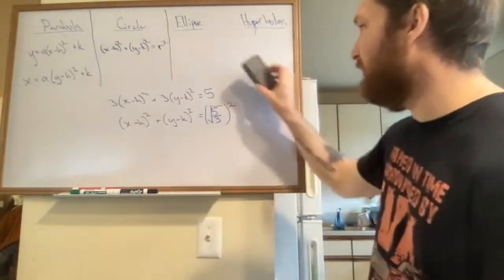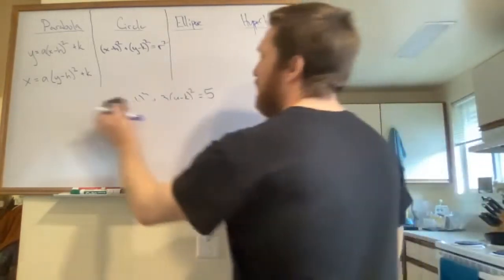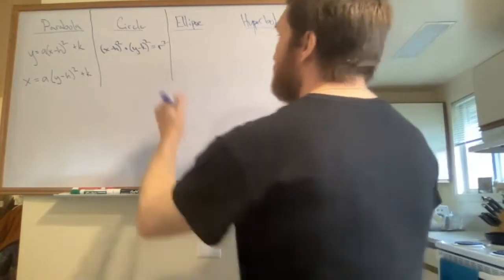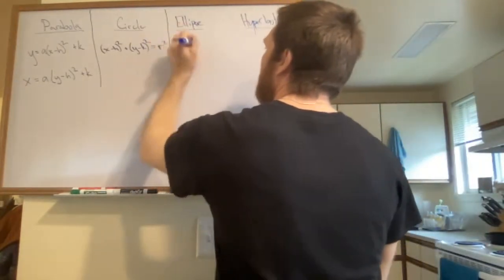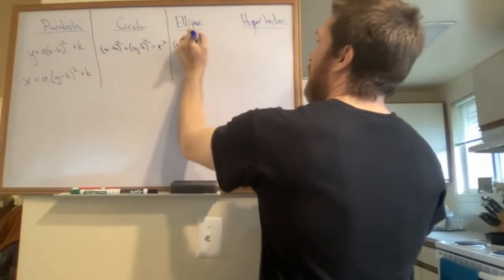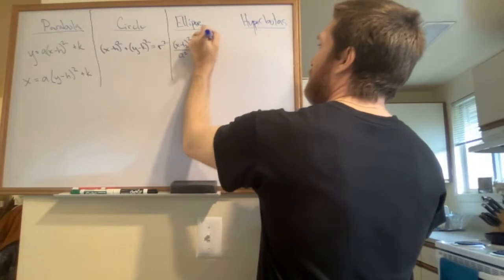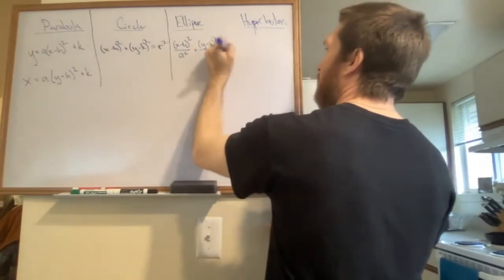And so that would be a circle in standard form right there. All right, can I get rid of this? Yes. All right. So an ellipse, very similar. You have (x minus h) squared over a squared plus (y minus k) squared over b squared equals 1.